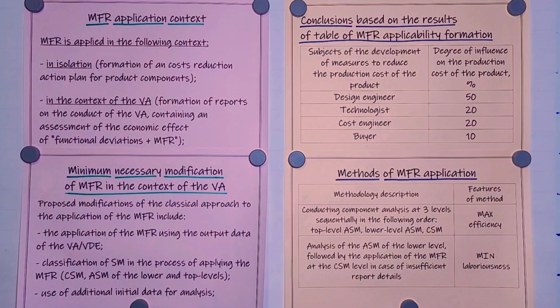The third, the presence of additional initial data in the form of extended calculations, cost breakdowns for the components of the object of analysis, i.e. when the object of analysis is decomposed into components, for each of them it's not enough to have just the value of its purchase price indicated in the commercial offer or direct costs indicated in a simplified calculation for the product.